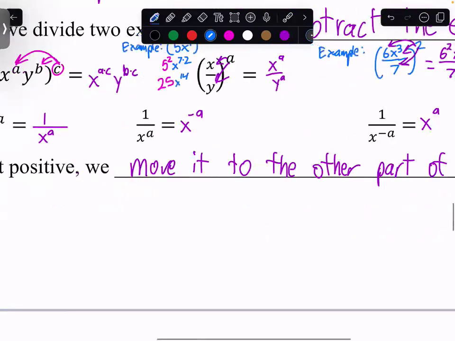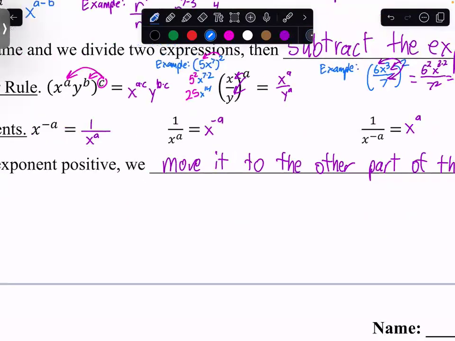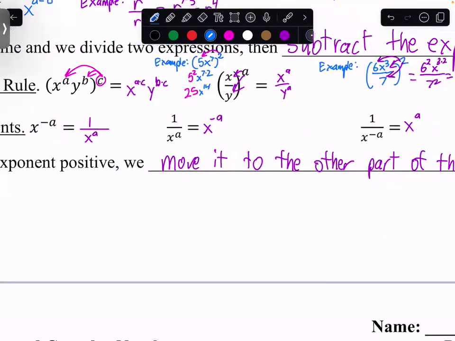Okay, so for this one, we're going to do a couple examples because negative exponents are very tough to understand. But one thing we need to make sure we are aware of, you can't leave negative exponents in a final answer.